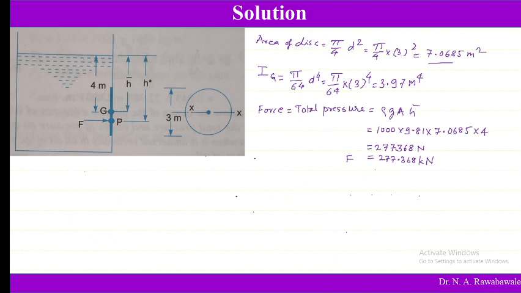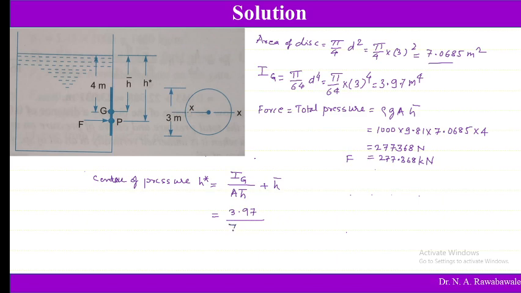Now to find out the center of pressure, H star is equal to, we know the formula, Ig divided by A h bar, plus h bar. We know Ig, that is 3.97.